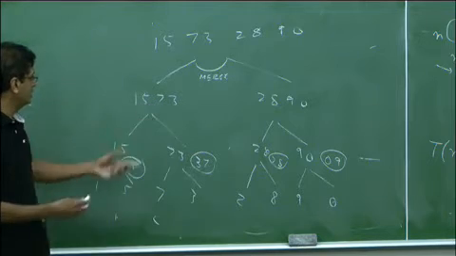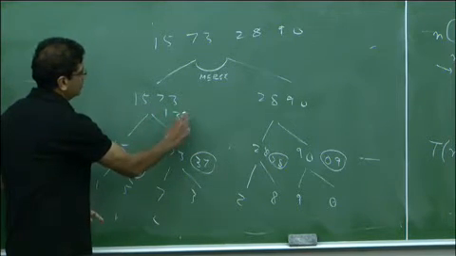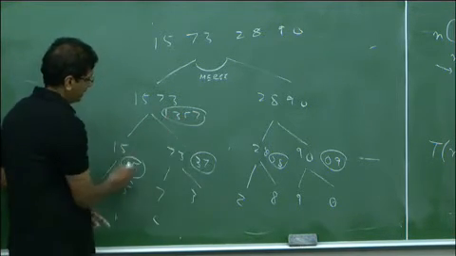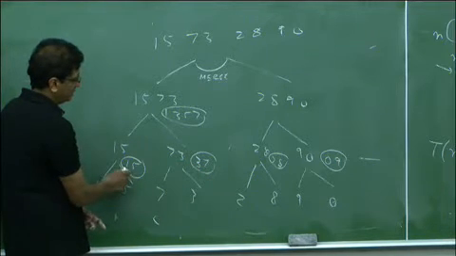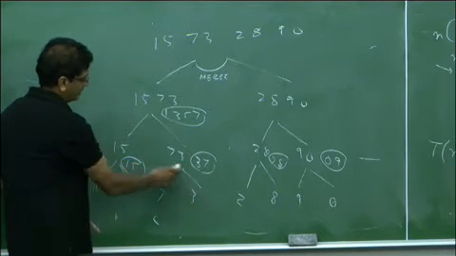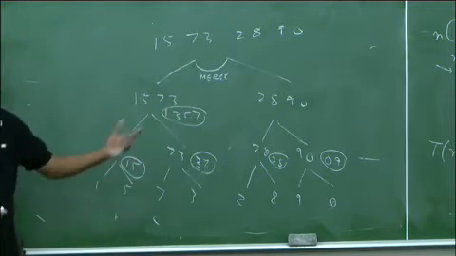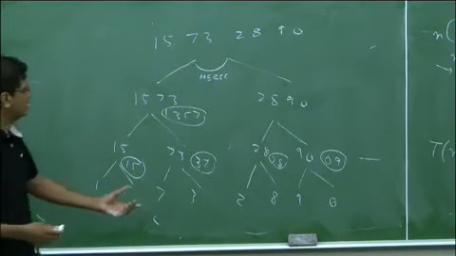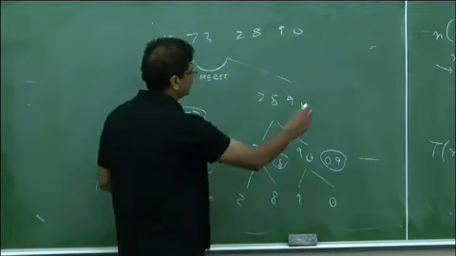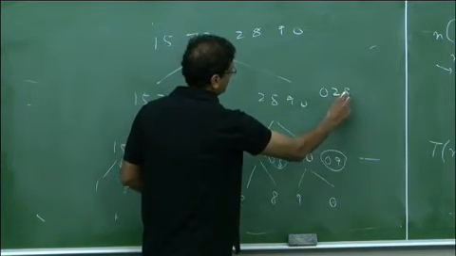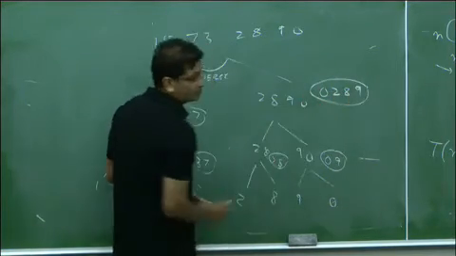What will I get here? 1, 3, 5, 7. Again using the same algorithm, 1 compared with 3, then 5 compared with 3, then 5 compared with 7, and you get 1, 3, 5, 7. On the other side, you will get 0, 2, 8, 9, the same way.